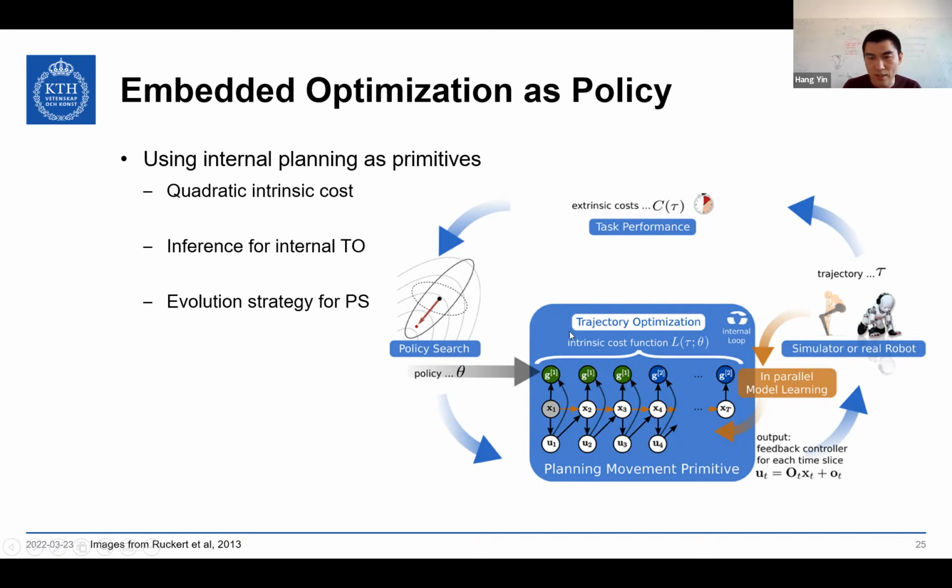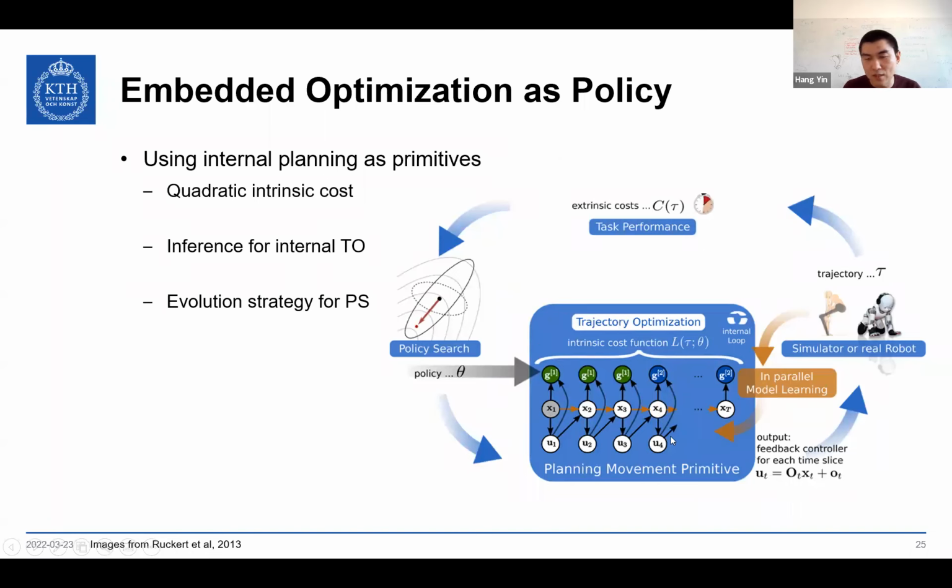Basically, you have a motion representation, but this motion representation itself is a planning problem, right? They are not tackling the most general form like the dynamics constraint. They mostly have some linear thing, localized and quadratic cost, but still the idea holds: when you evaluate your policy, you have to do some internal trajectory optimization.